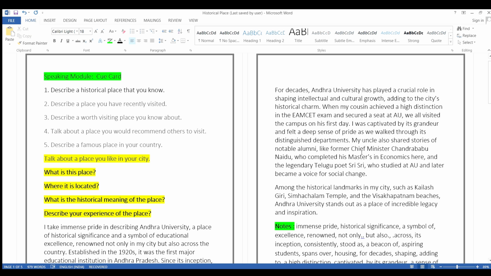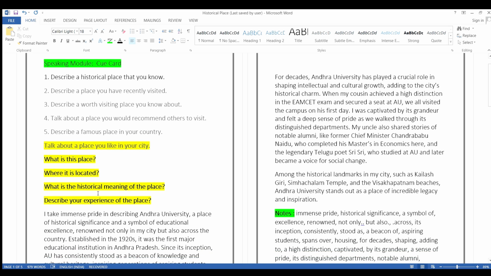Continuing the story, my uncle also shared stories of noted alumni like former Chief Minister Chandrababu Naidu, who completed his masters in electronics here, and the legendary Telugu poet Sri Sri, who studied at AU and later became a voice for social change. Now addressing the last bullet point, which is describe your experience of the place.